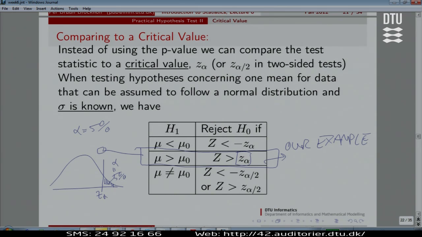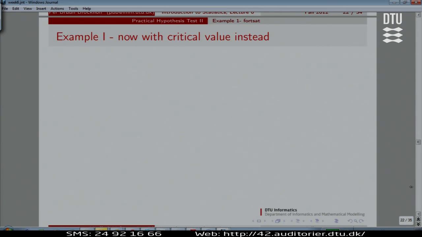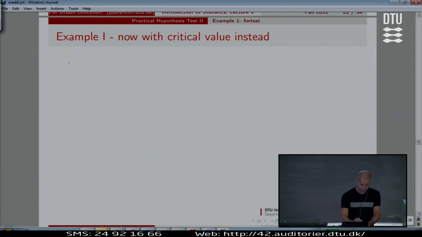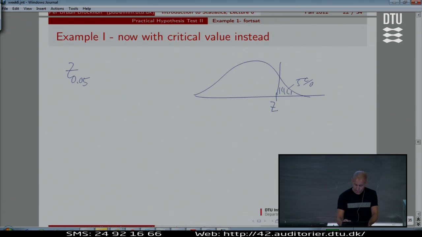So let's do it in our case, and then I go back to the table. What is z alpha, 0.05 in our case? What is the point in the standard normal distribution having 5% to the right of it? Do you remember that?